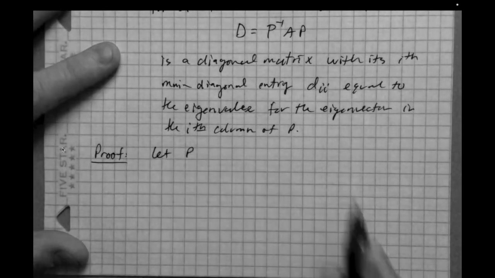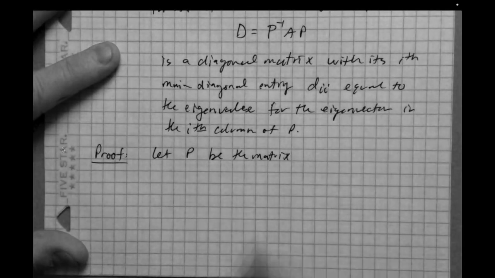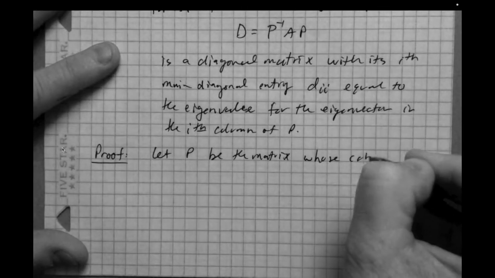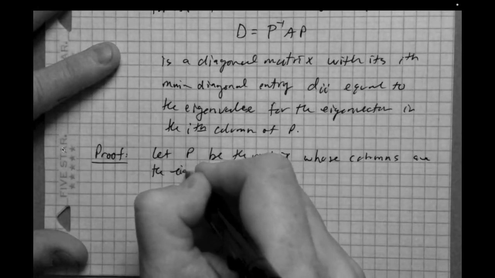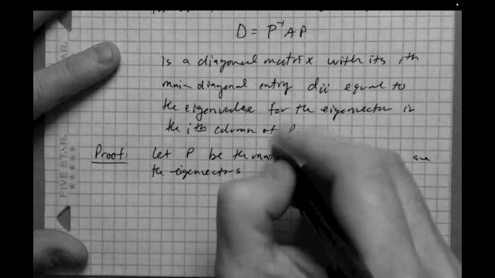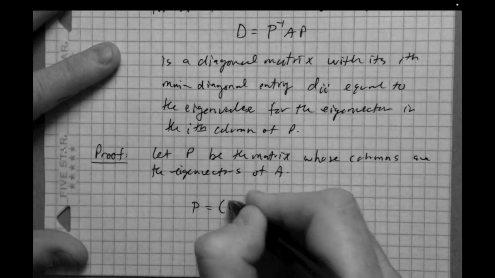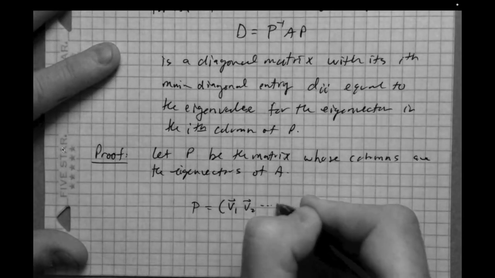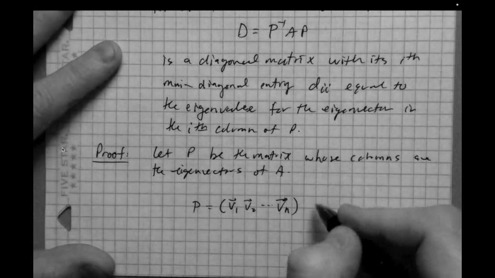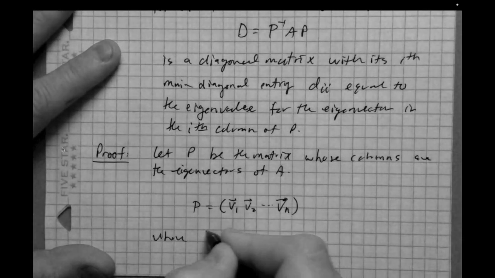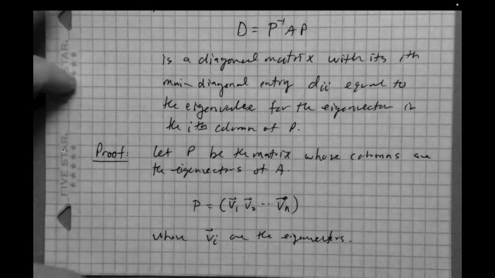So let's let P be the matrix we've defined, the matrix as we've set up, whose columns are the eigenvectors of A. So I've got, basically what we drew, V1, V2, through Vn, where the Vi are the eigenvectors.